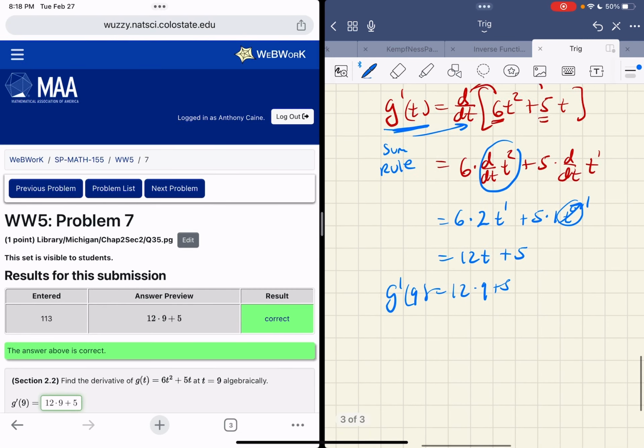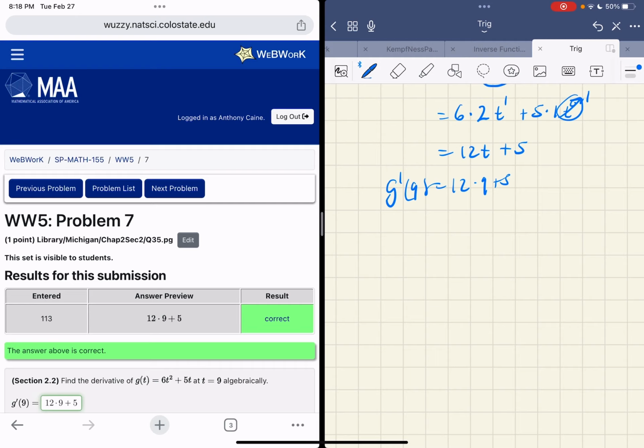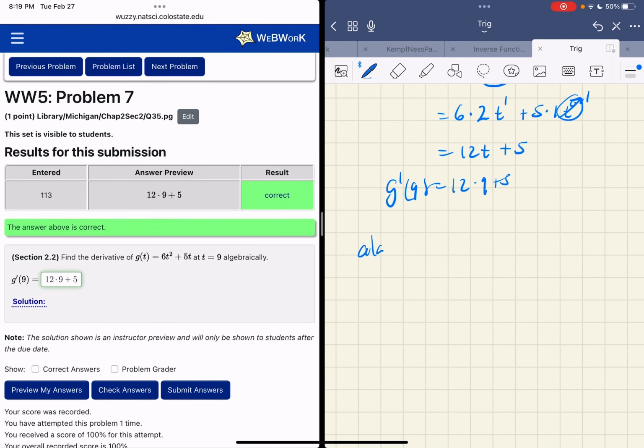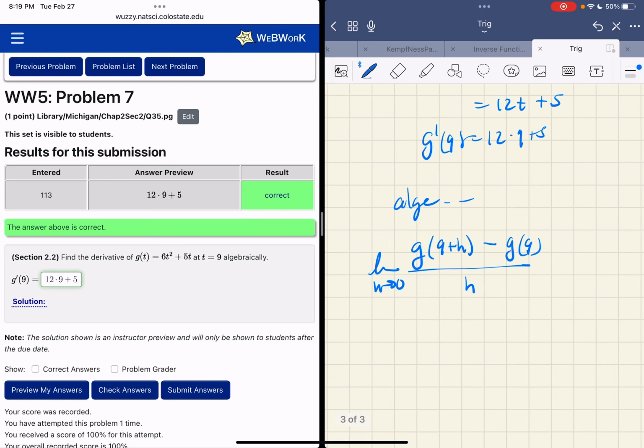There it is. All right, so what do they want you to do? So there's this word algebraically in the problem statement. We should look at g of 9 plus h minus g of 9 divided by h, and we take the limit as h goes to 0. That's what they wanted us to do. Okay, so let's do that really quick. So this is 6 times 9 plus h squared plus 5 times 9 plus h.